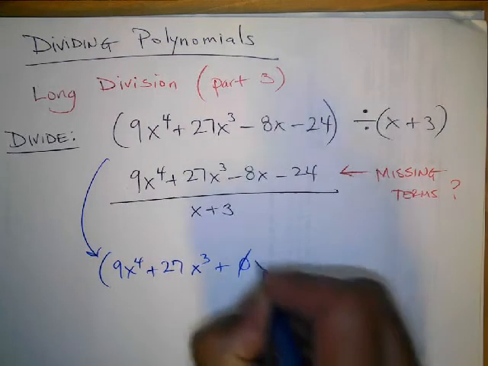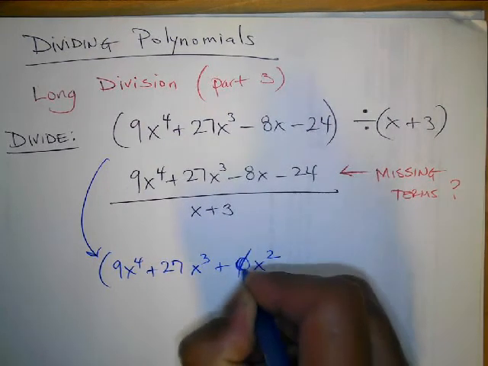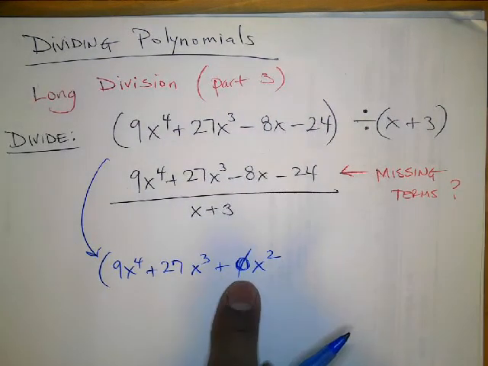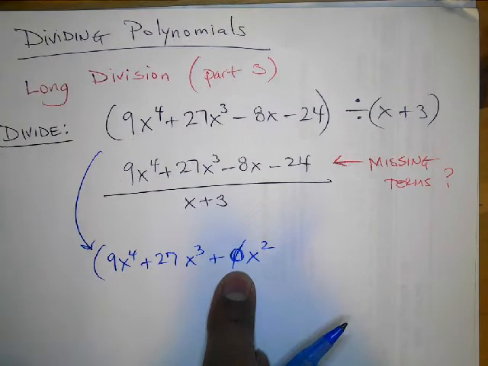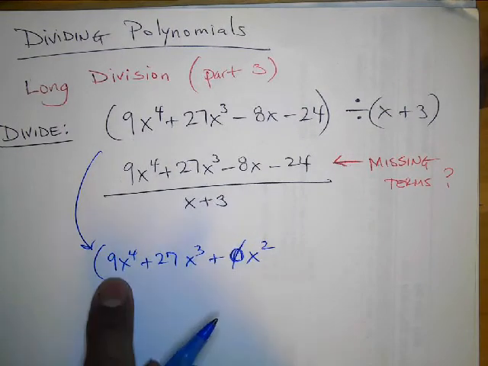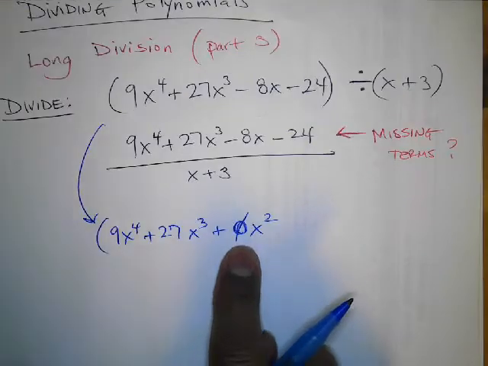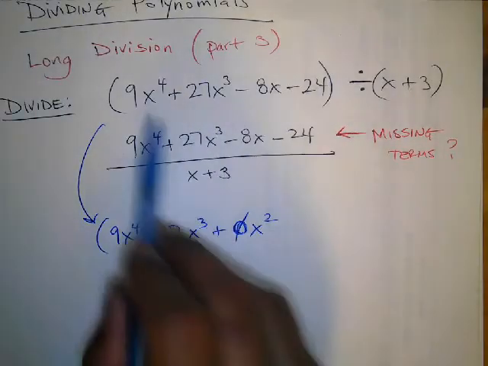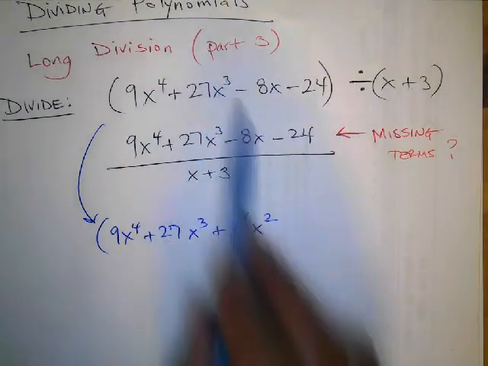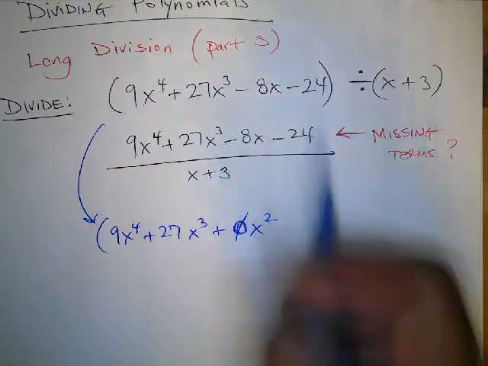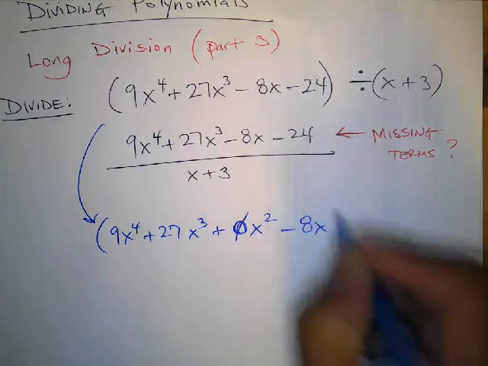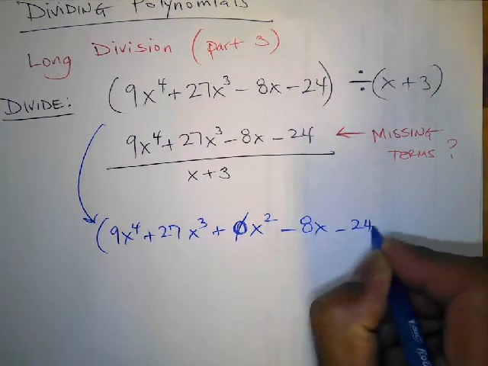27x^3 plus, there's no x squared term. You got to put a 0. We need that 0 for the x squared term. See, we need that space. Every term has to have a number, and if there's a missing term, well, the number for nothing is 0. So 9x^4, 27x^3, nothing for x squared, then just the x and then the number.